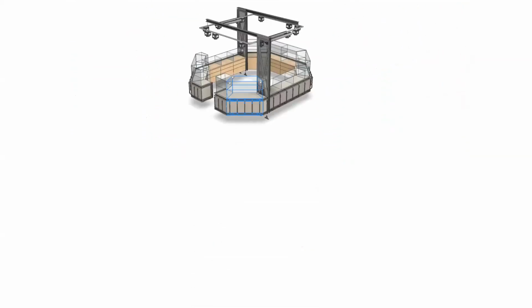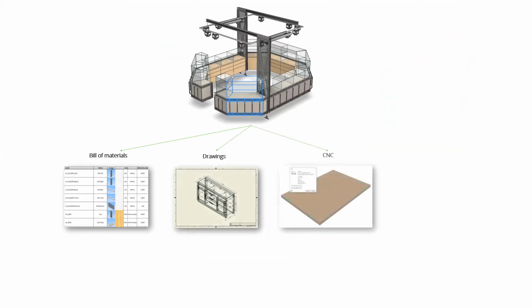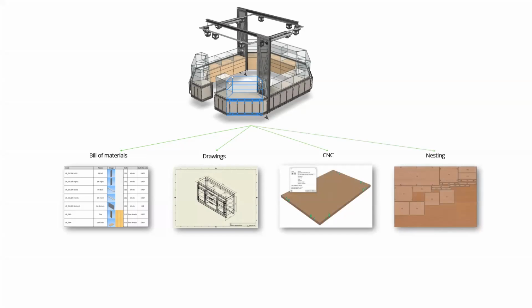So in such a way, we finalized our model, and from this moment, when we have a finalized 3D parametrically driven skeleton-based model, we can use it as a source of information for the production. We can get the bill of materials, the drawings, CNC programs, and the nesting layouts automatically based on the model.